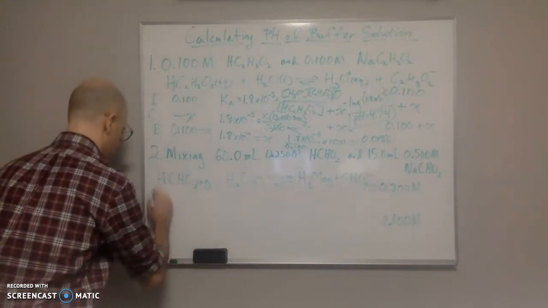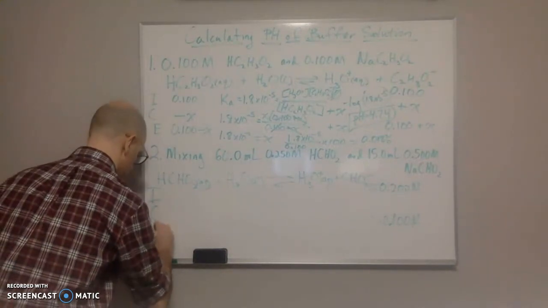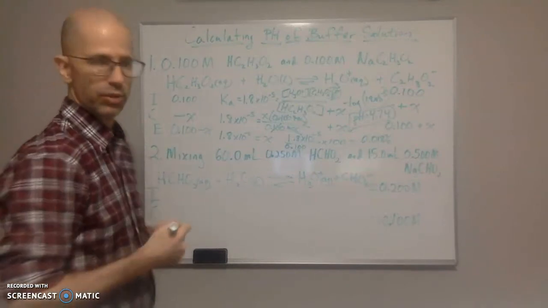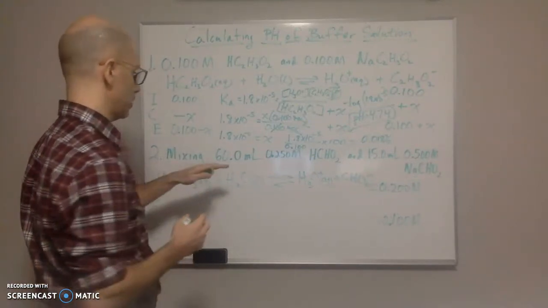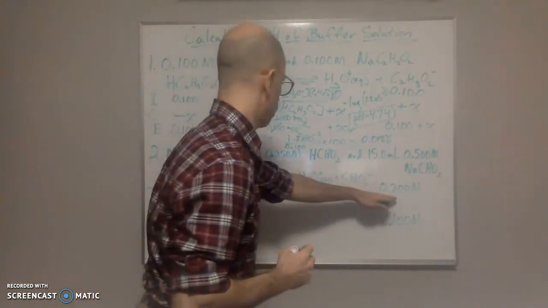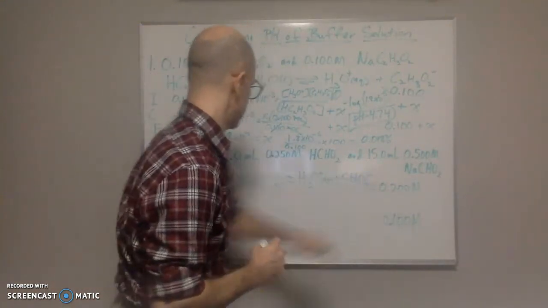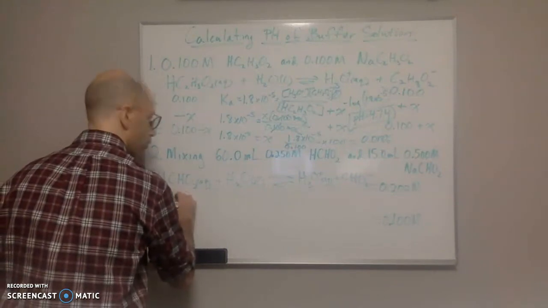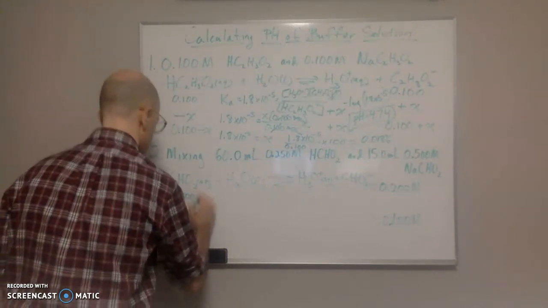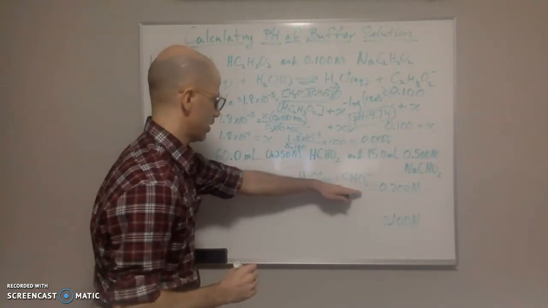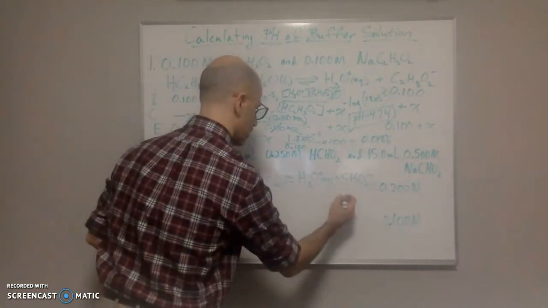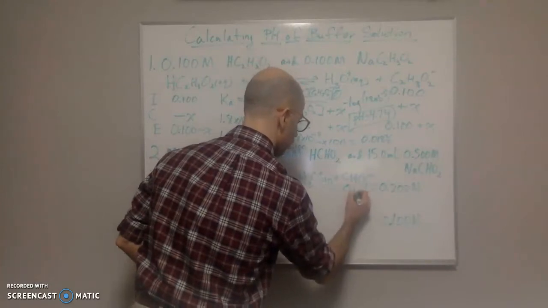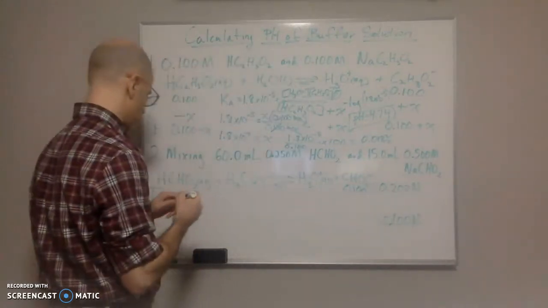And so we have our ICE table. The initial concentration for the acid is 0.200. And for the conjugate base, it's going to be 0.100. Okay.